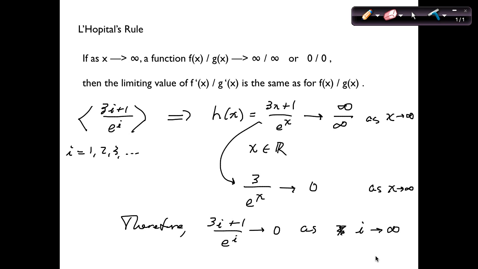Okay, does it make sense? L'Hopital's rule: in the case where you have infinity over infinity or 0 over 0, you can take the derivative of the top and the derivative of the bottom, and you can evaluate the limit of the new ratio. And that will have the same limit as your original limit.